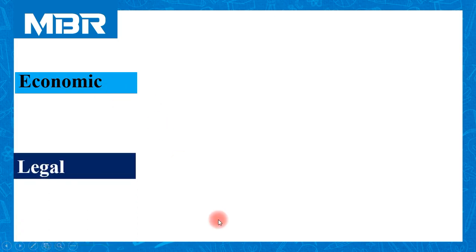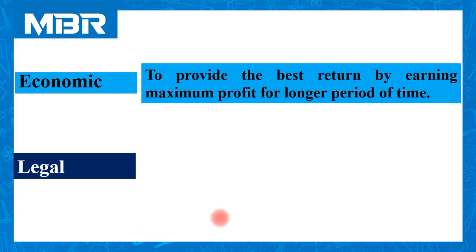The first responsibility is economic responsibility, and the second one is legal. Under economic responsibility, the company is to earn maximum profit and to provide the best return to the shareholders or other investors for a longer period of time.